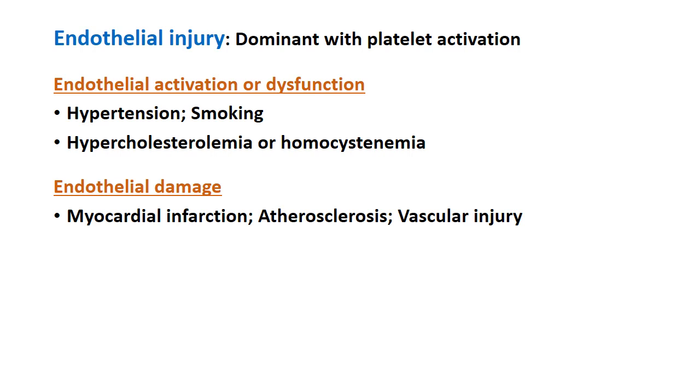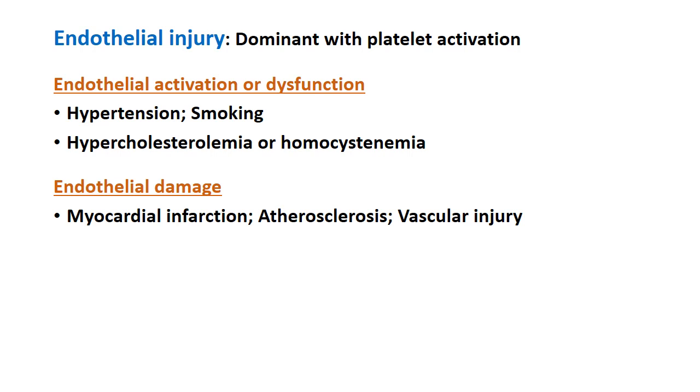Endothelial injury is seen in association with various factors, and it is seen in two different forms. There may be endothelial activation or dysfunction, or there may be frank endothelial damage.